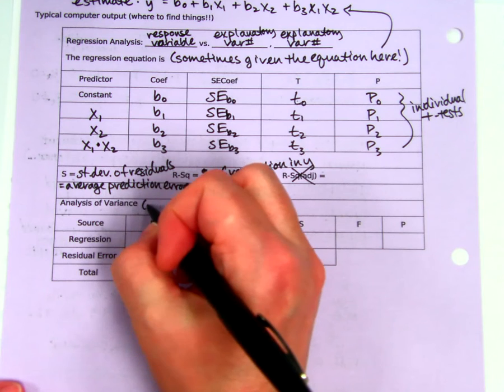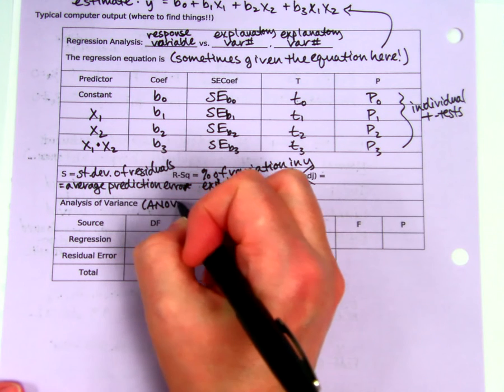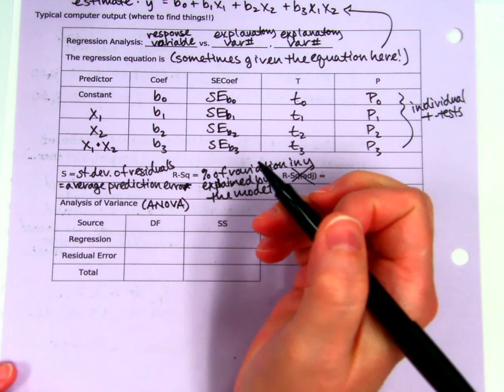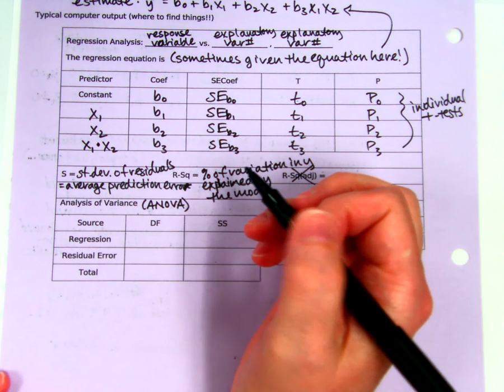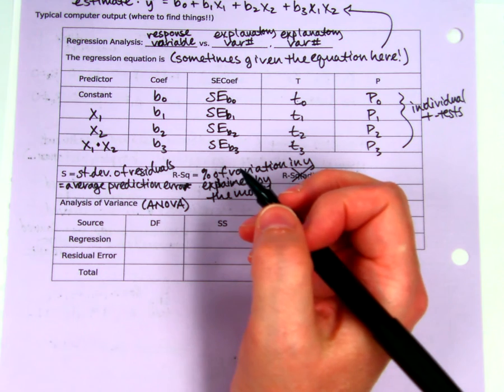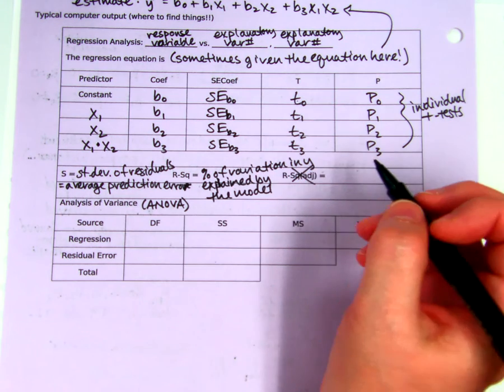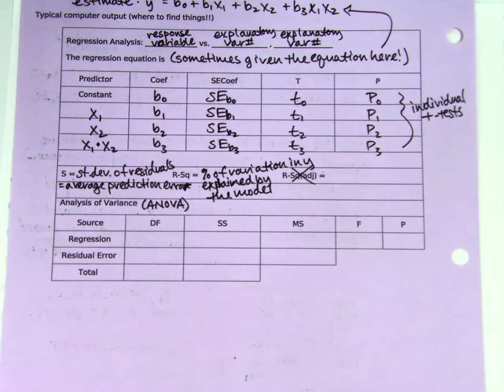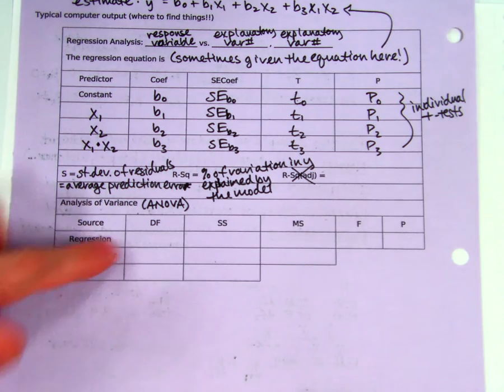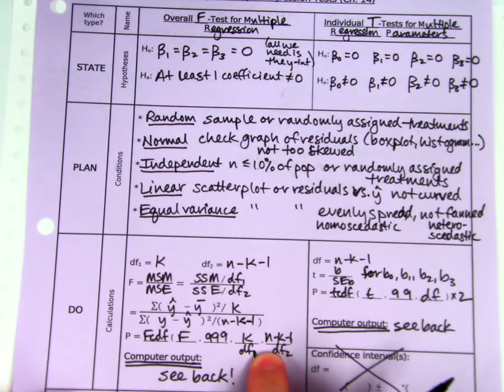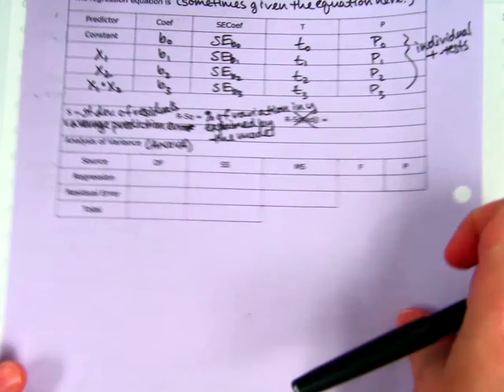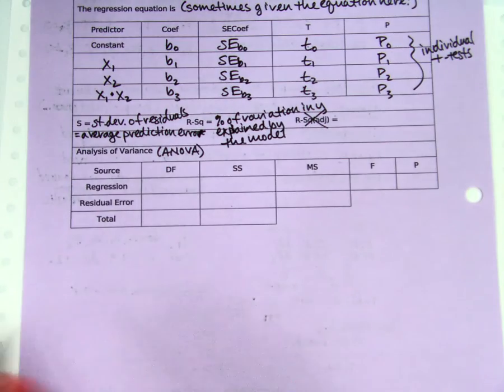Analysis of variance, also called ANOVA. Yes, this is not the ANOVA chapter, but we're still doing ANOVA because you can do ANOVA calculations on the regression model. And I don't think I'm going to write all of this again. All of these formulas I wrote over here. Maybe I'll write it again just for completeness. That's fine. You don't have to if you don't want to.